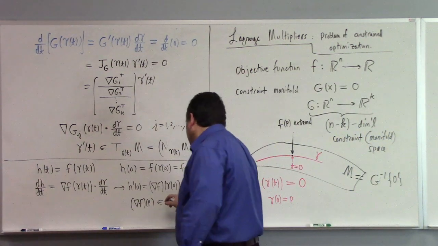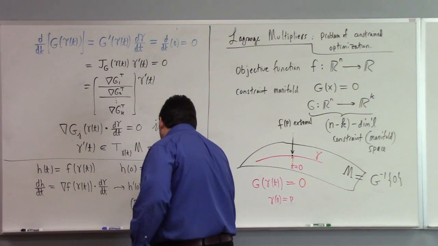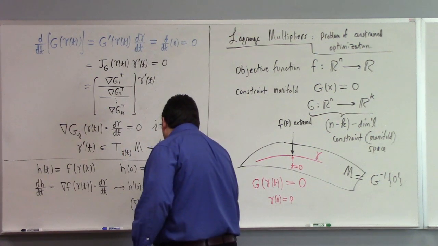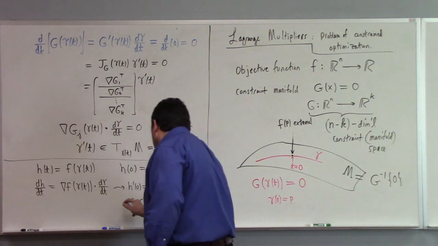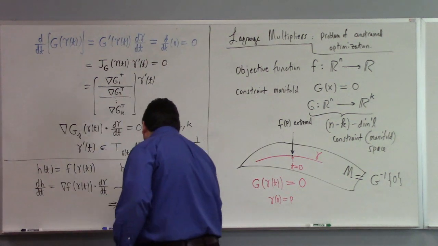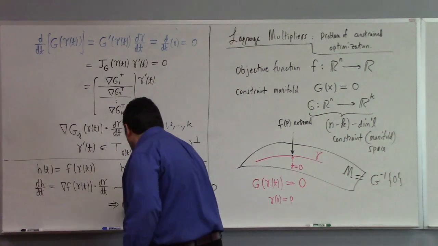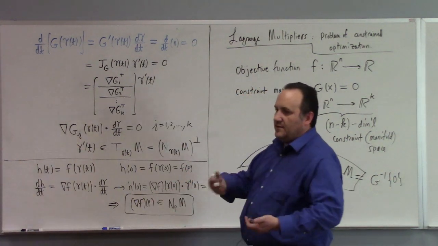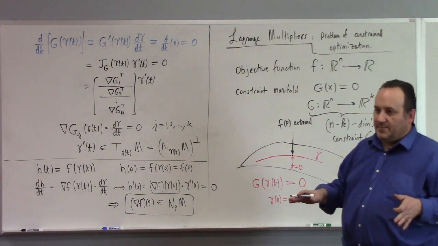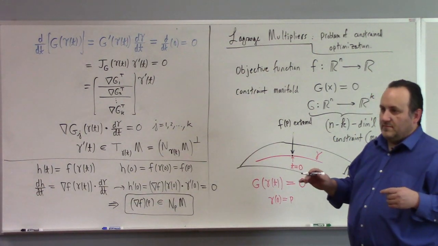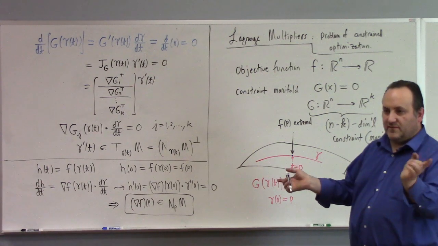Now, there's a gap in my logic right there. I'm going to say that this implies it's in the normal space at p to m, and I'll explain why in a second. But the reason for that implication is not supplied by just what I've written. Because if you think about it, could we have a vector which is perpendicular to another tangent vector?